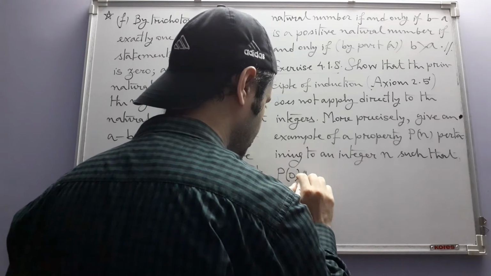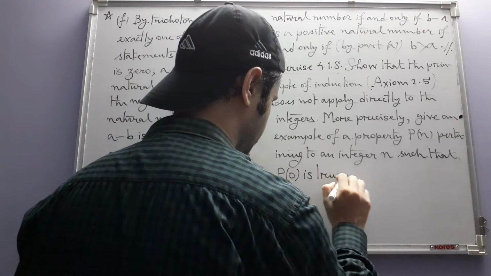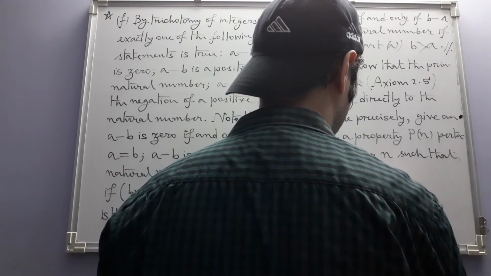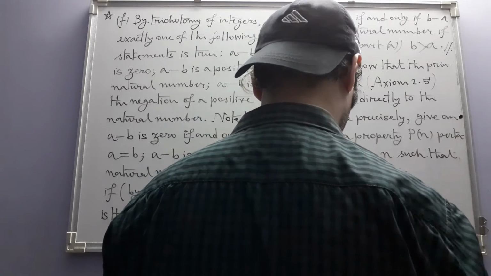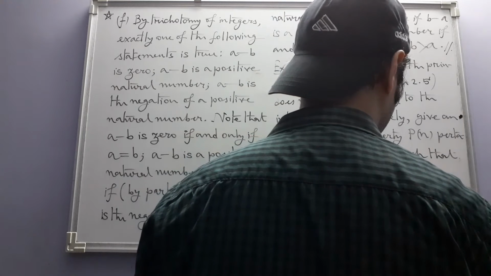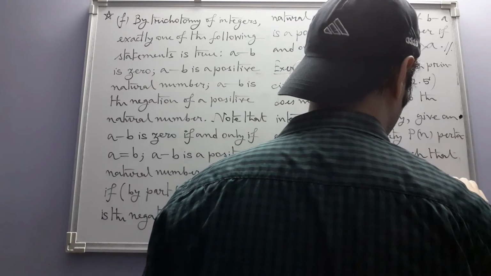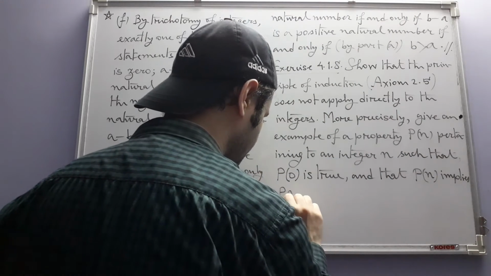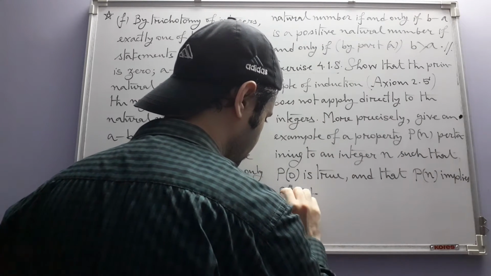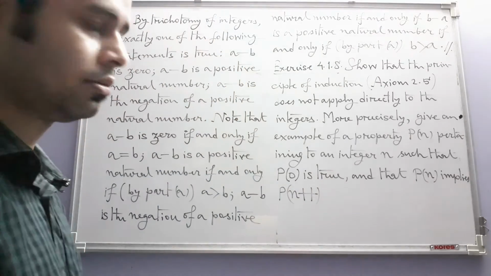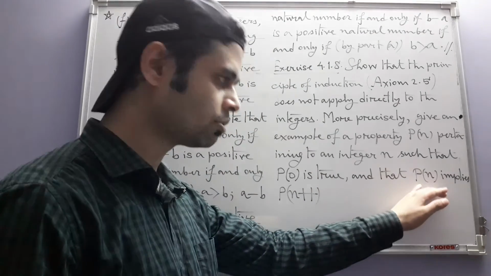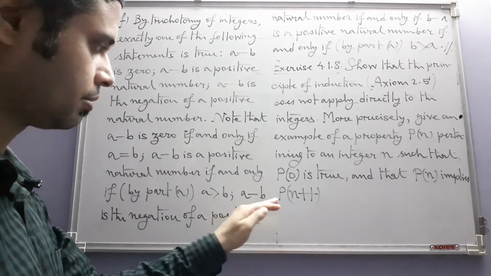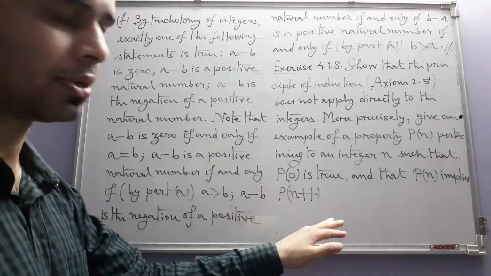P of 0 is true and that P of n implies P of the increment of n. This means truth of P of n implies truth of P of n plus plus.